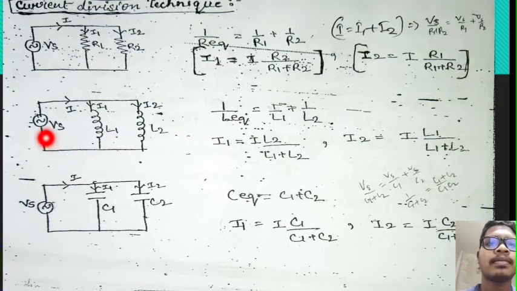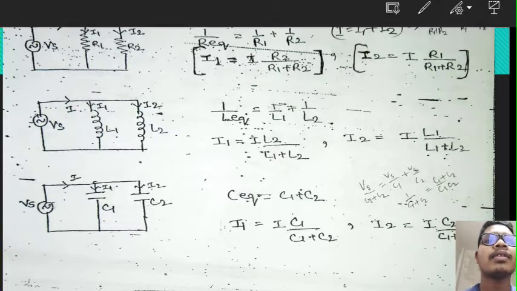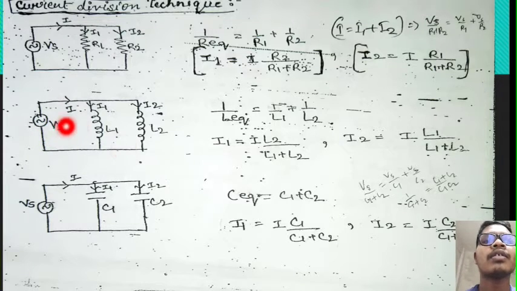Now see here, in the case of inductance also, it behaves like a resistance. So the property is the same in this current division rule.